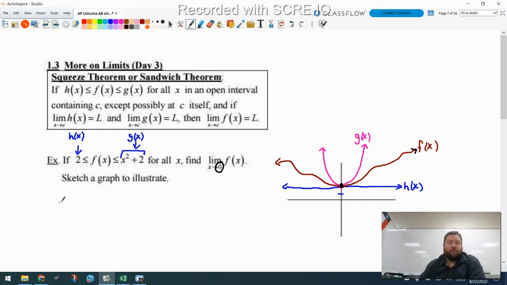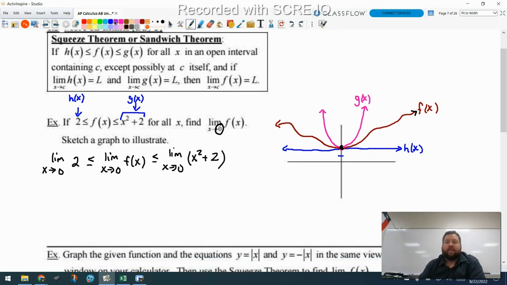So here's how we show our work over here. They gave us the inequality in function notation, so now we're going to make them all limits. We're going to do the limit as x approaches 0 of 2 is less than or equal to the limit as x approaches 0 of f of x, which is less than or equal to the limit as x approaches 0 of x squared plus 2.